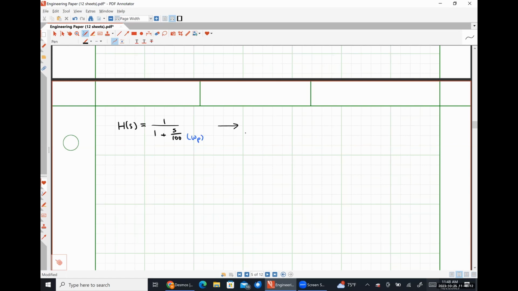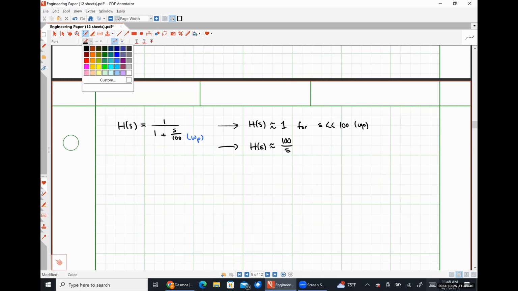Well, h of s is still going to be approximately 1 for s that is much smaller than 100, our pole frequency, and h of s will be equal to 100 over s, or let me put it in blue, omega p over s, for s much larger than 100.